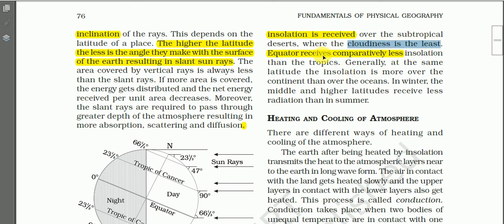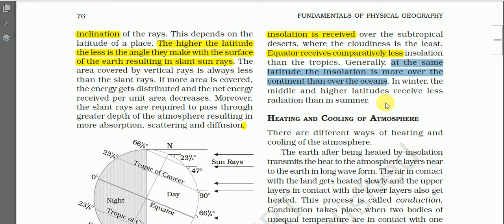The equator receives comparatively less insolation than the tropics because along the equator we have a lot of clouds and heavy rainfall, and that is why we get less insolation as compared to the tropical region.